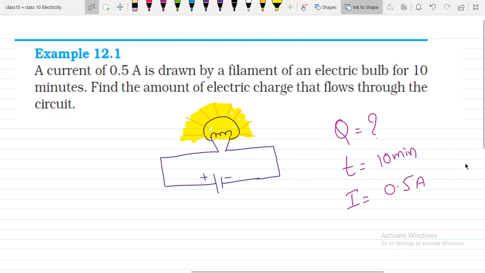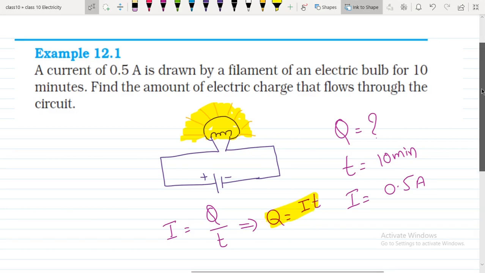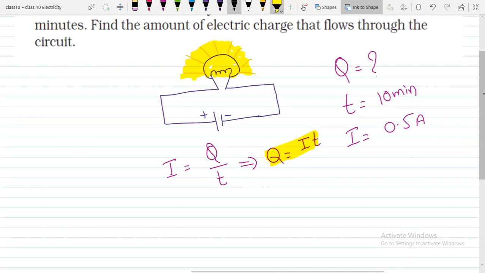So we can write the formula current I equal to Q upon T. So we can also write that Q equal to I times T. So substitute the values here. What answer will we get?